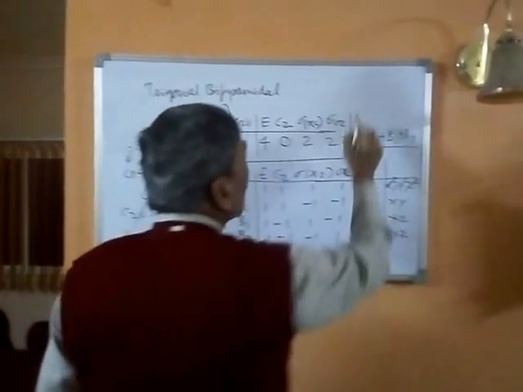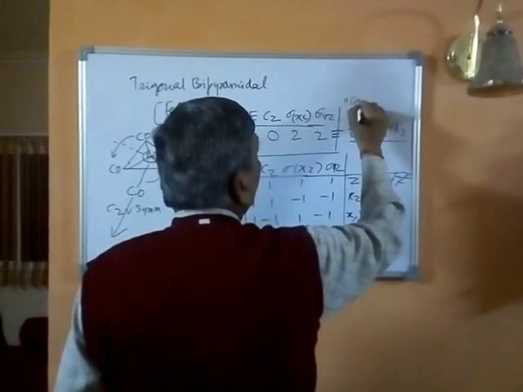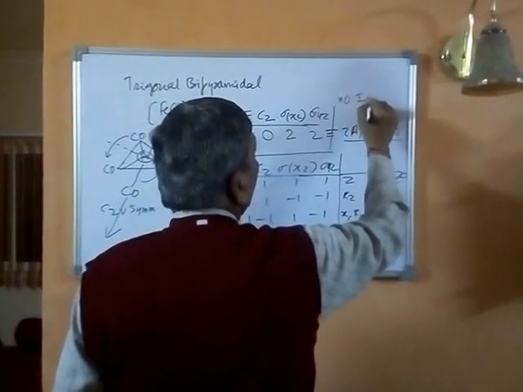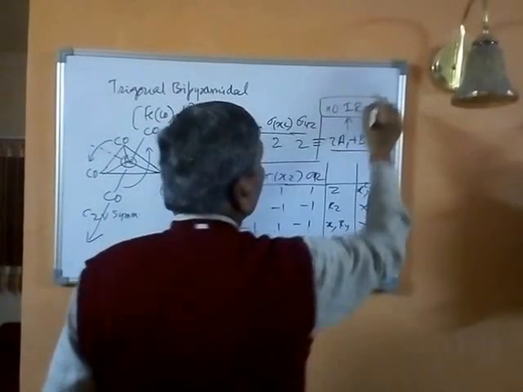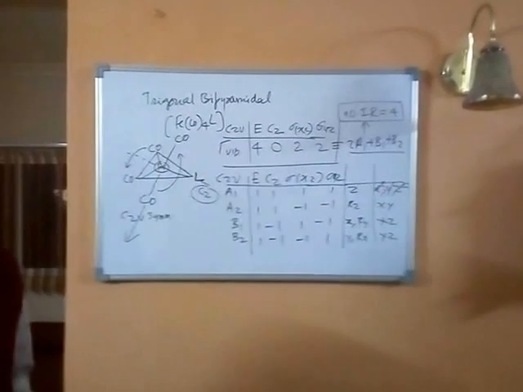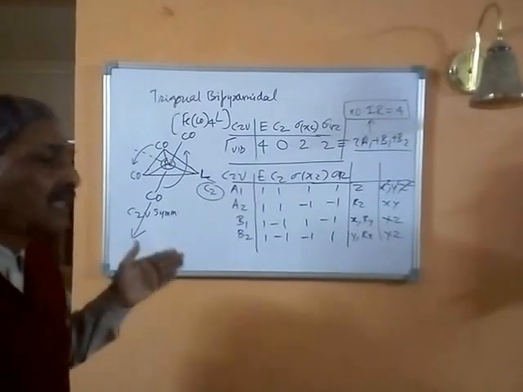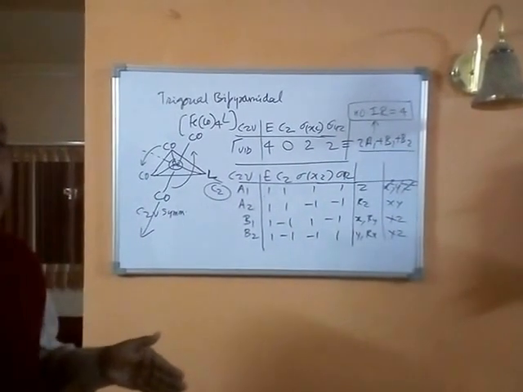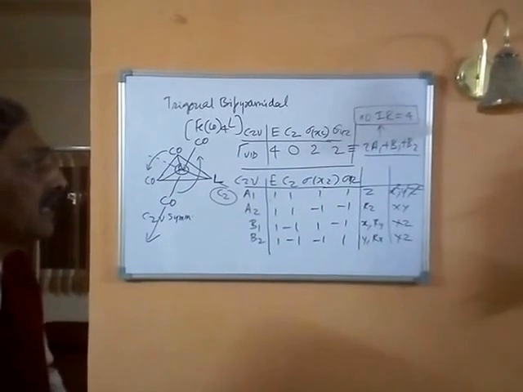So the number of IR bands has increased. IR bands has gone to 4, whereas in the C3V case the number of IR bands was 3. As you have gone from a C3V symmetry descending to a C2V symmetry, in the lower symmetry you find that the number of IR bands has increased.